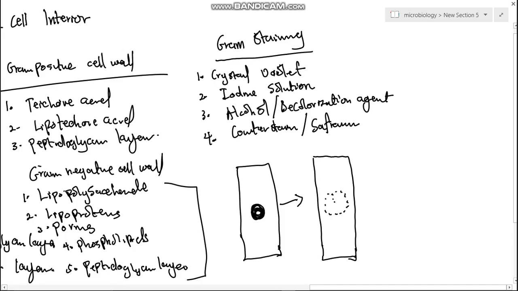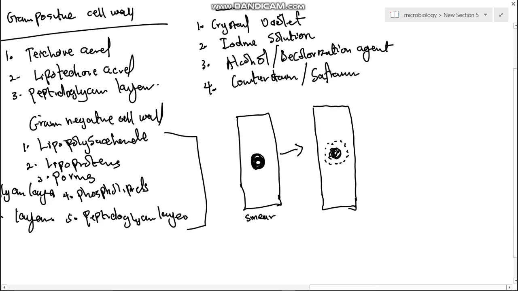This one is the primary stain. So first of all, we make a smear. Then secondly, we apply the crystal violet solution. Then we are going to wash the slides.